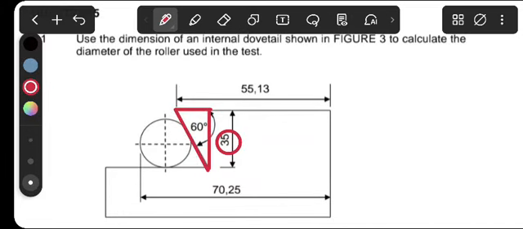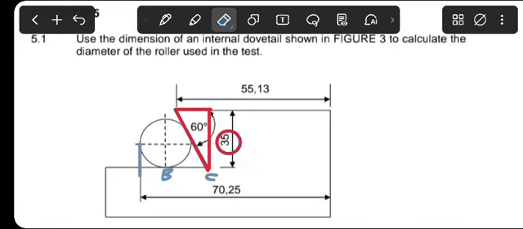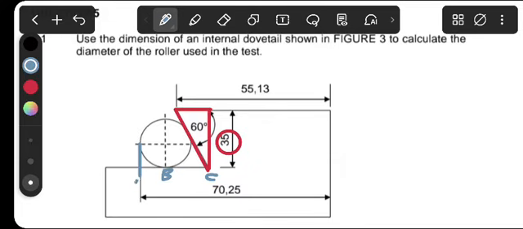So I can call this point C, this point B, then the point at the end, I can call A. This one I will call F, and this I can call E. All right, this is what we have, guys.